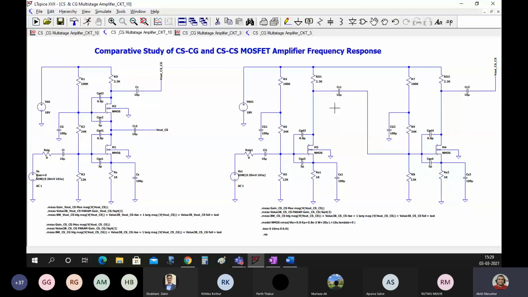So please see to it that when you change the input values, both the circuits should be the same. If you give here 20, here also you give 20 millivolts, 1 kilohertz.